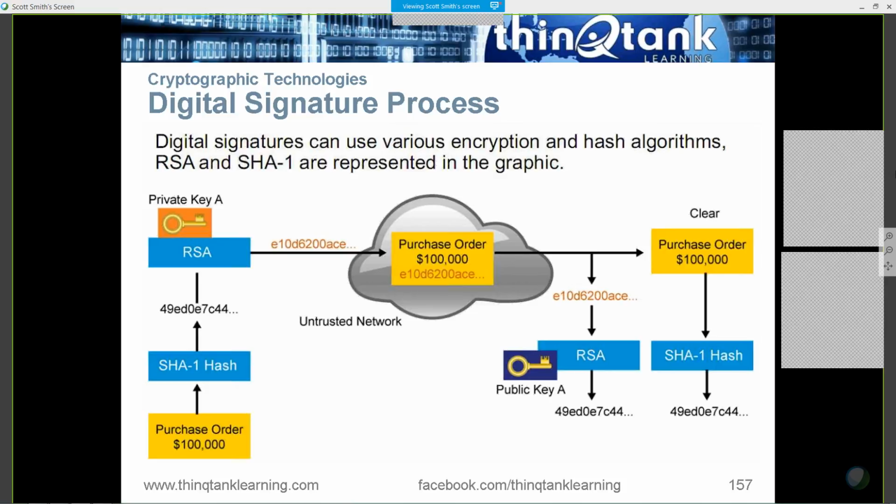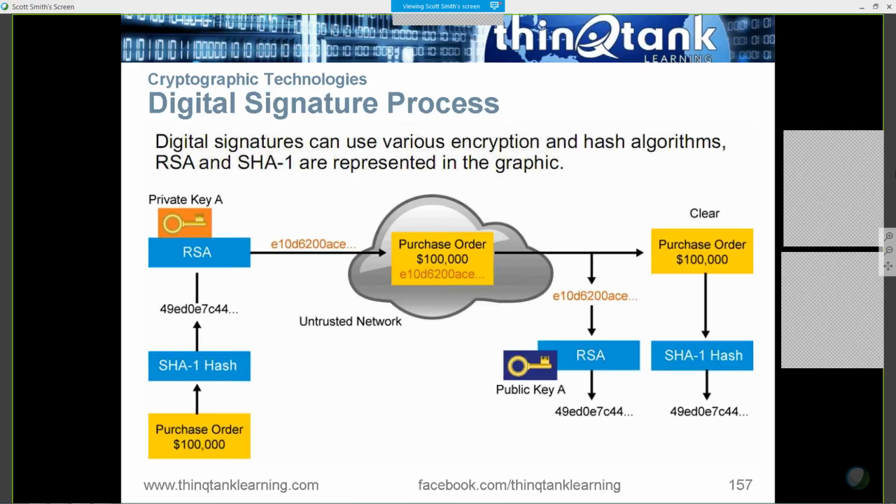I'm essentially encrypting the hash with my private key. The 49ED0E, that's my hash. The E10D6200 is an encrypted version of the hash using my private key. Now notice the data is actually still sent in plaintext, but we're now sending the encrypted hash with the data.